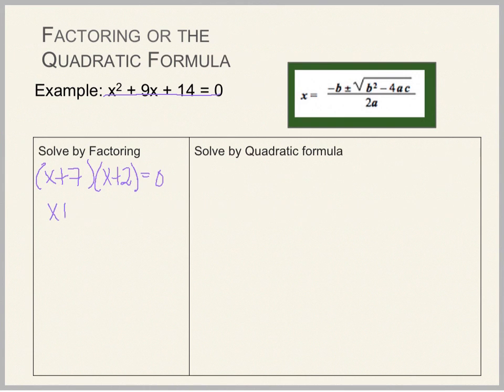That means that x plus 7 must equal 0, or x plus 2 must equal 0. So x equals negative 7, or x equals negative 2.